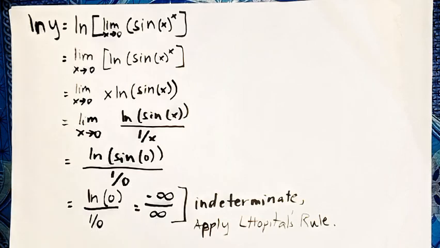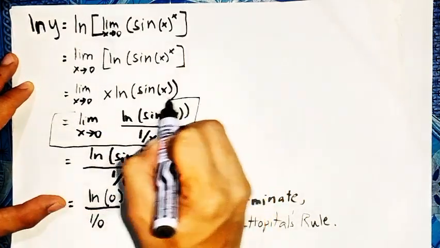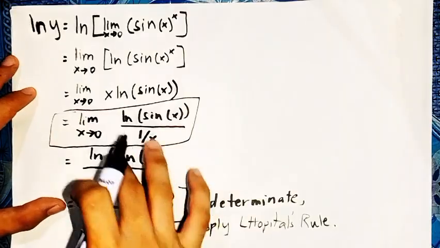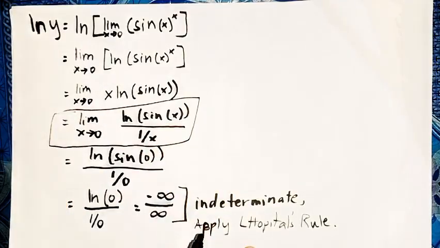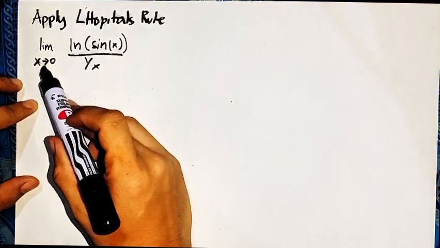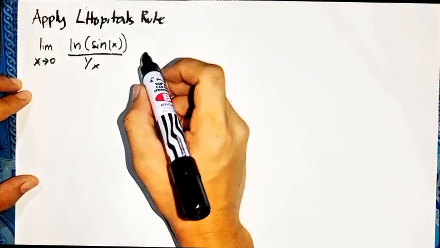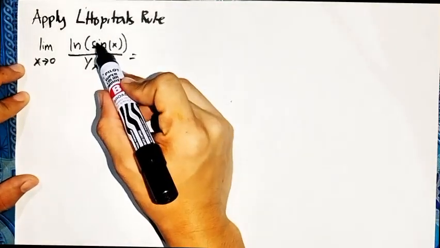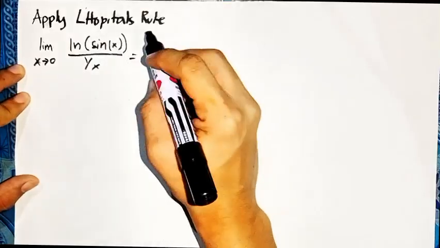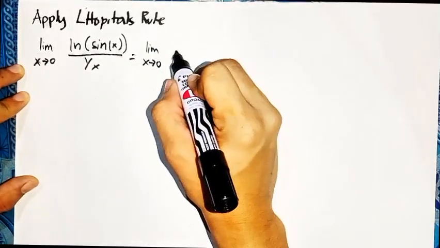Let's use this expression to apply L'Hopital's rule. We have the limit as x approaches 0 of ln sine x over 1 over x. Let's take the derivative of the numerator and the denominator. Copy the limit as x approaches 0.